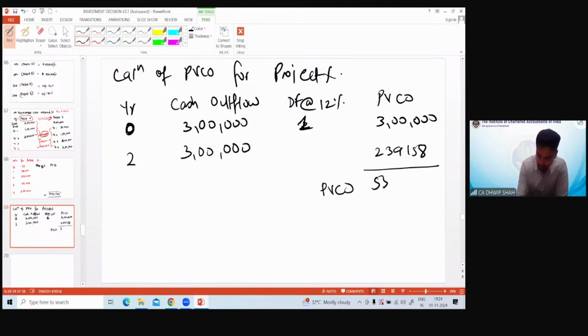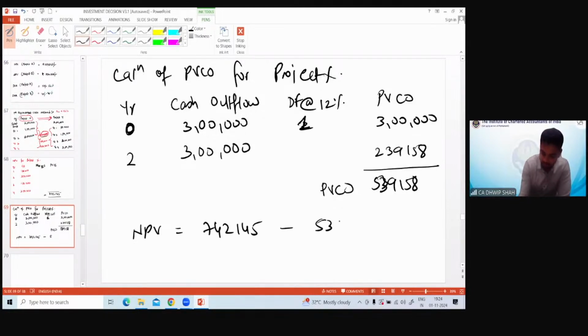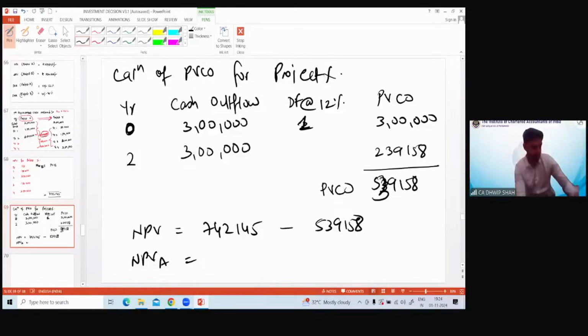Correct. So my NPV is nothing but 742,145 minus 539,158. So NPV for project X comes to how much? 742,145 less 539,158 is 202,987. Okay?